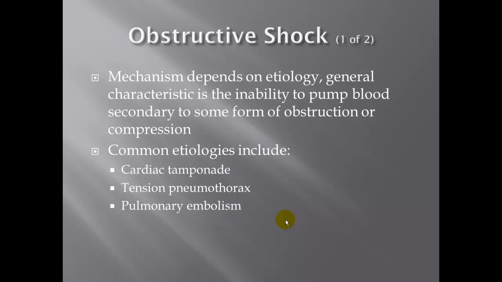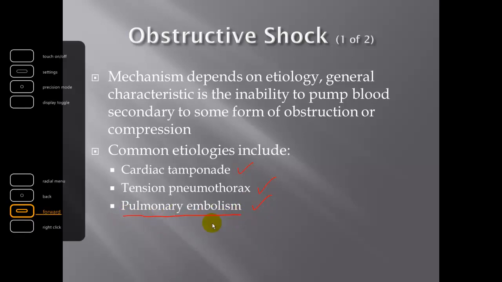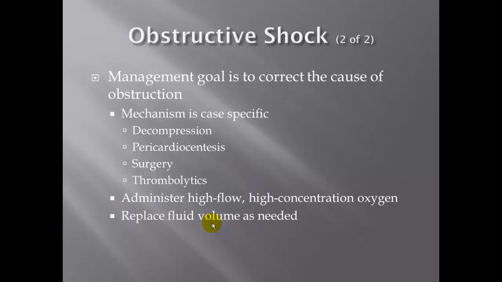Obstructive shock. Mechanism depends on etiology. The general characteristic is the inability to pump blood secondary to some form of obstructive compression. Examples of this are cardiac tamponade, tension pneumothorax, and pulmonary embolism. Due to the decreased pathology in children, the pulmonary embolism should be low on our list for assessment, however, should be considered.